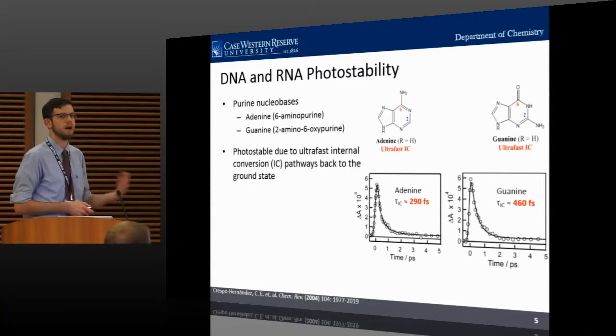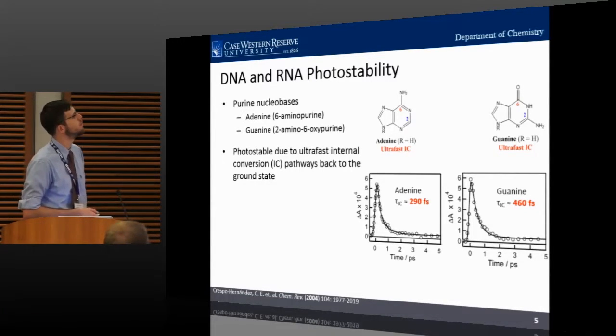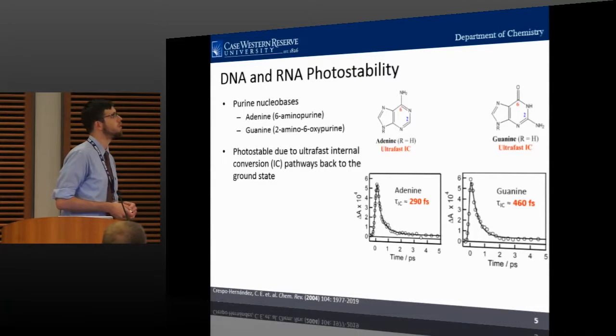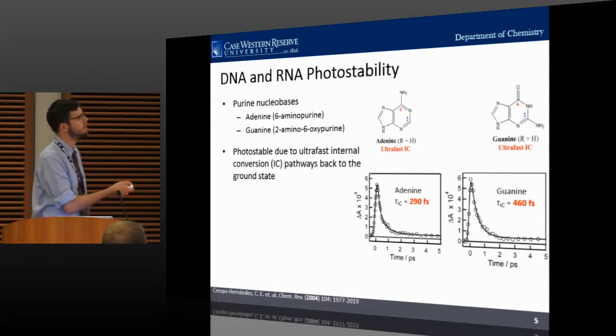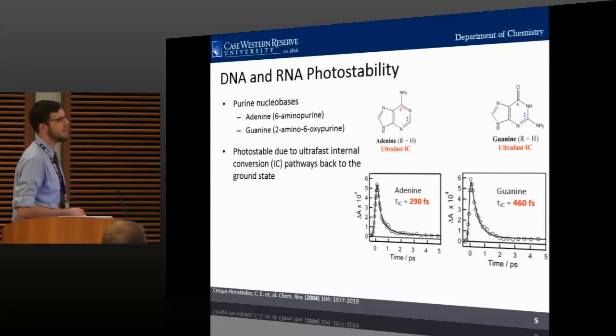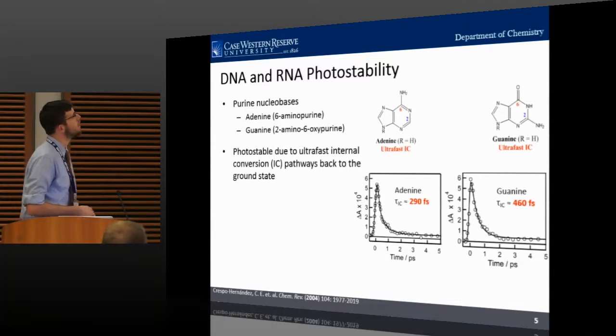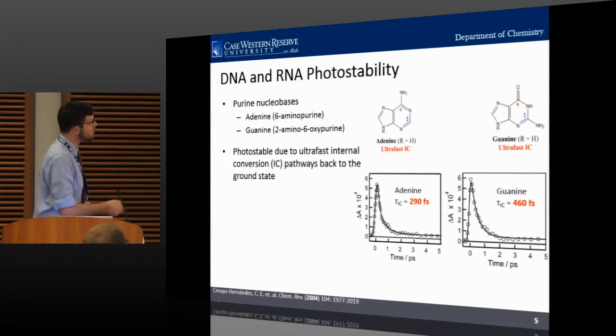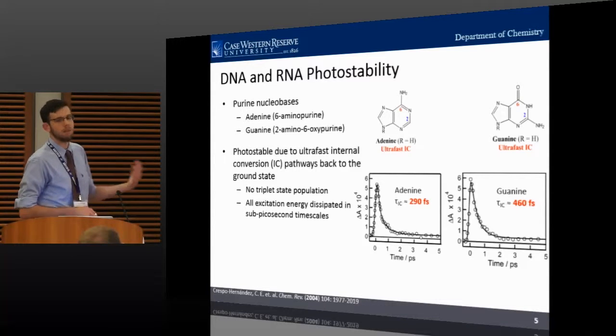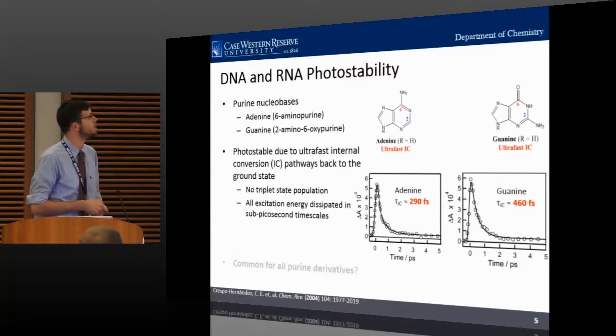If you shine UV light on them, they have mechanisms to get rid of that energy within hundreds of femtoseconds, and they go back down to the ground state very efficiently. So they don't populate long-lived triplet excited states.